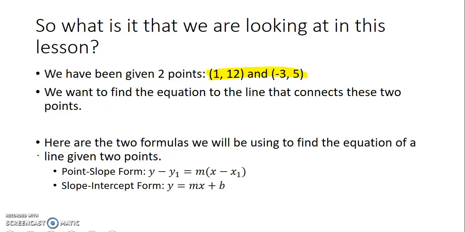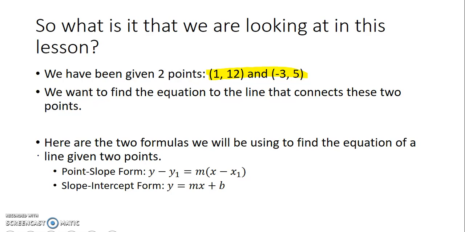Point-slope form is going to be the other form that we're going to be using to find the equation using 2 given points, and that's y minus y1 equals m times the quantity x minus x1.